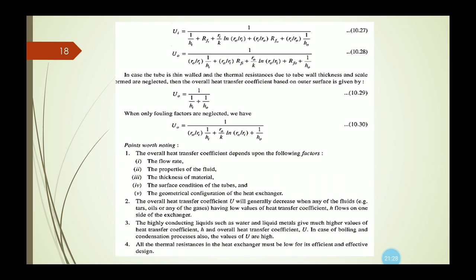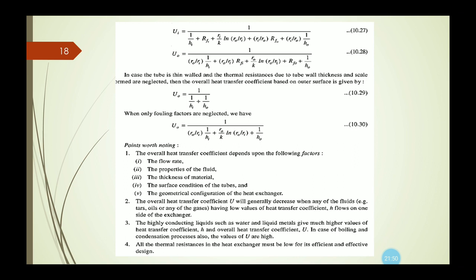Now if the tube is thin walled and the thermal resistances due to tube wall thickness and scale formation are neglected, in that case the overall heat transfer coefficient based on the outer surface can be represented as U naught equals 1 by Hi plus 1 by H naught, this is equation number 10.21.